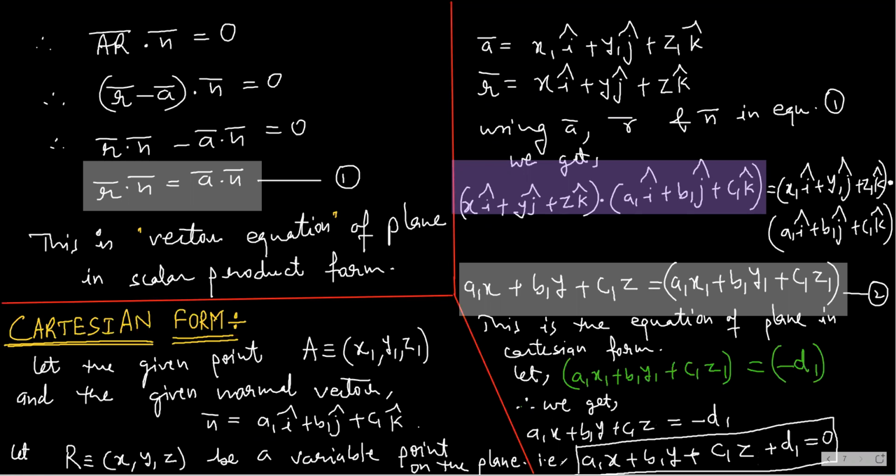And remember, in such an equation, just look at this, how interesting. In this equation, the coefficients of x, y and z, what are they? a1, b1, c1, and they are nothing but the DRs of the normal. Okay.